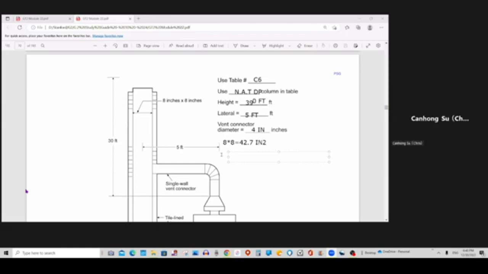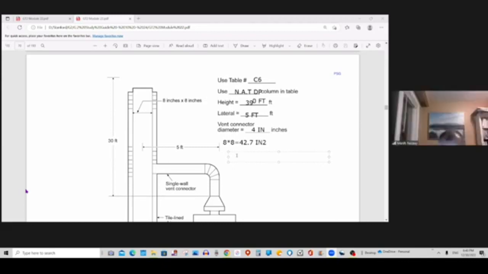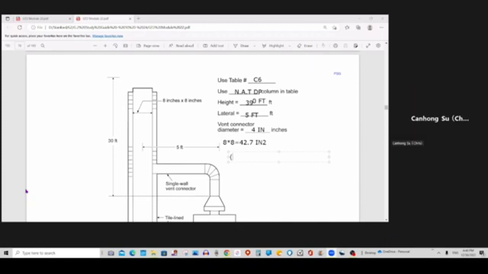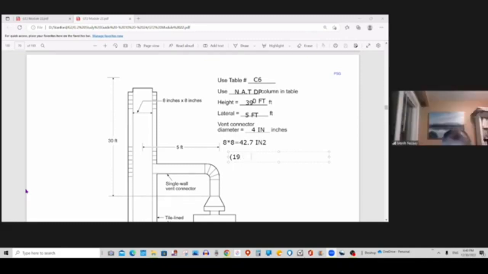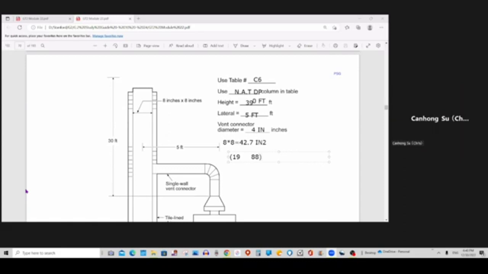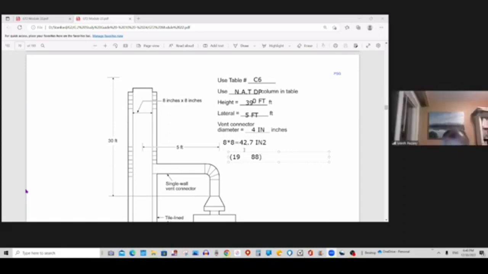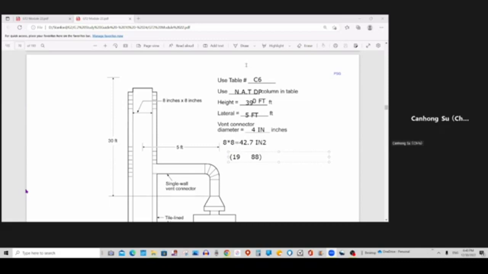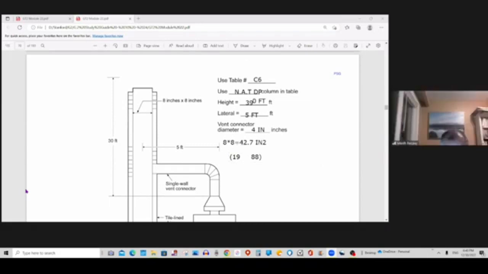Yes, the range is 19 to 88. And 42.7 is within the range. So this one meets the first condition. The first condition is okay.